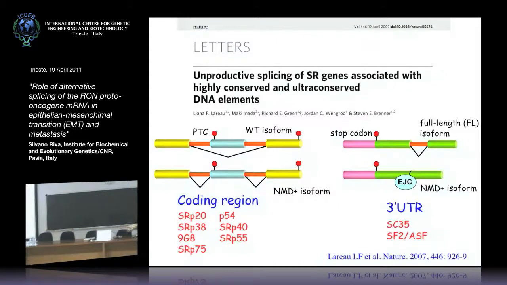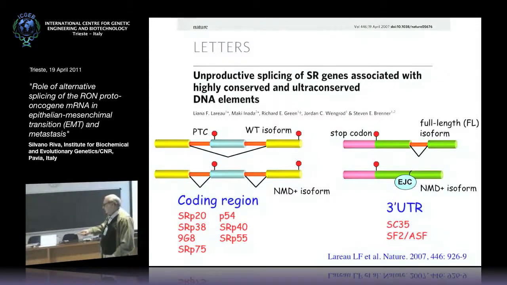Because when it is removed, it causes the stop codon to be recognized as a nonsense stop codon because the distance from the exon-intron junction is more than 50 nucleotides. So when this intron is removed, the resulting mRNA, where the coding region is the same, just the 3' non-coding region, is degraded by the NMD system.